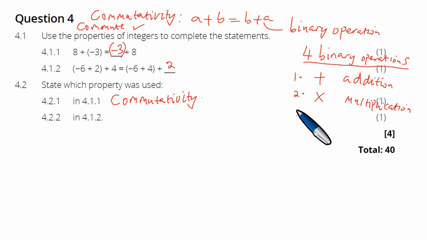And then we have the third binary operation that becomes the opposite of addition, and it is called subtraction. The subtraction binary operation helps us to evaluate the difference between numbers. Then we have one more binary operation, which is called the inverse of multiplication.